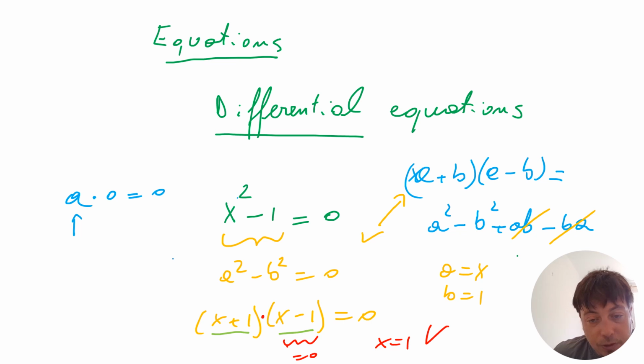So this is the solution. Check. Then you look at the other side, you place x equal to minus 1, and then this gets equal to 0, and the other one will not, because it will be minus 2, but the product of minus 2 times 0 is 0, so it's another solution.